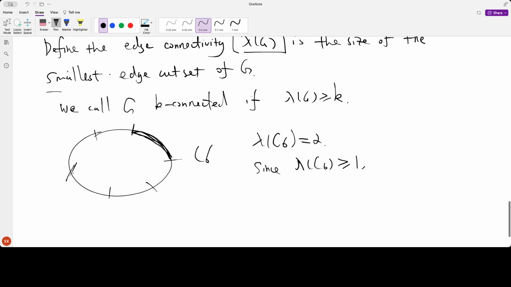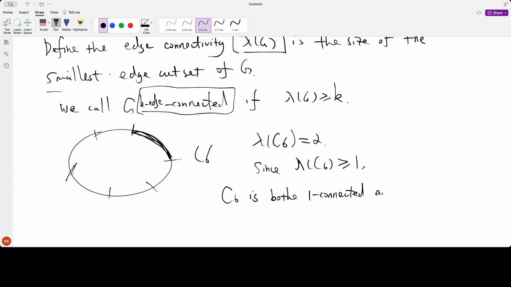Okay? Sorry. We have to say k-edge-connected, because there is a related notion about vertex connectivity. And by definition, C6 is both 1-edge-connected and 2-edge-connected, because lambda of C6 is 2.